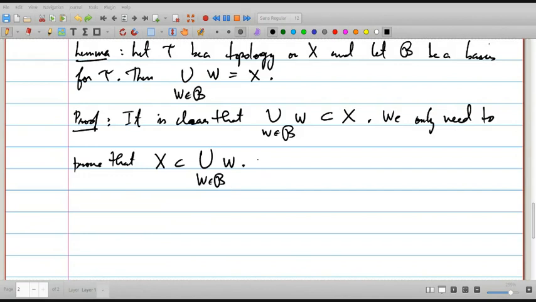So to prove this, let x in X be an element.